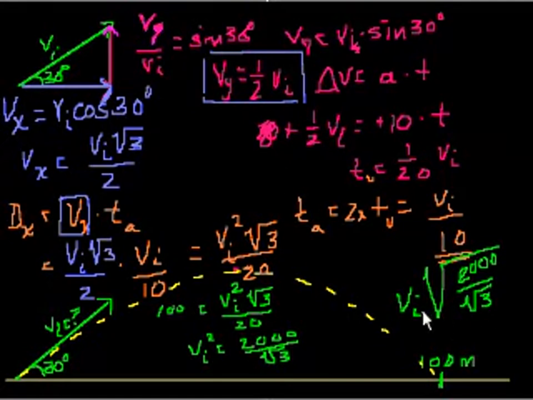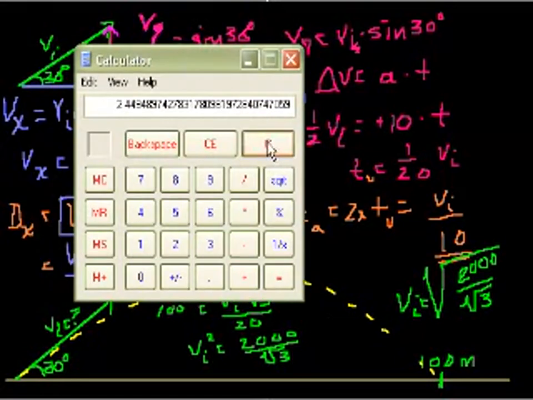So let's figure out what that number is, just to give us a sense of whether this feels right. Let me take the square root of 3 first. Then let me inverse that, times 2,000. That equals 1154.7, and now I can square root this. 33.98.